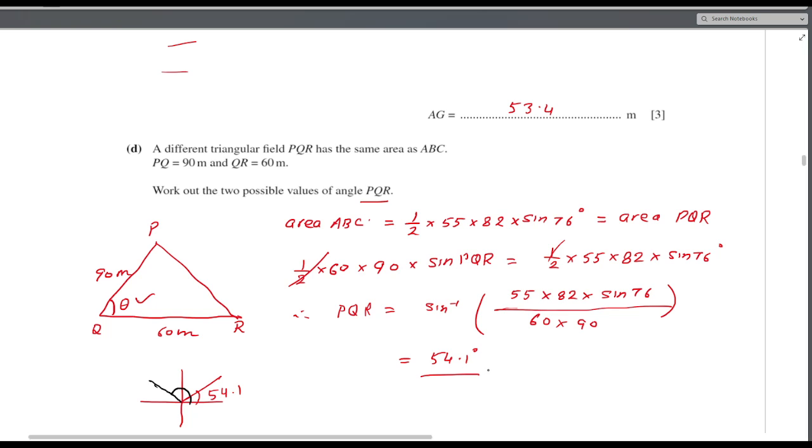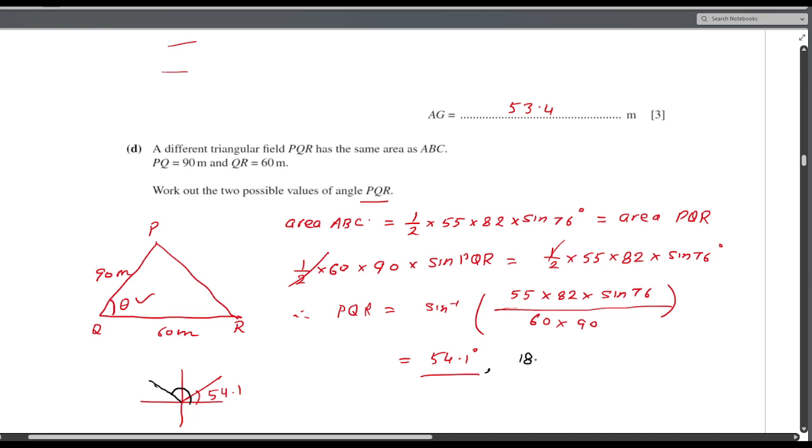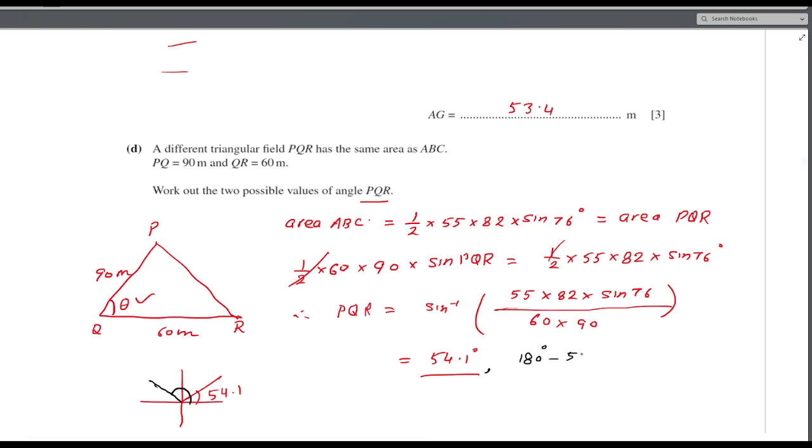So one angle is 54.1, the other angle will be 180 minus 54.1, which is 125.9.